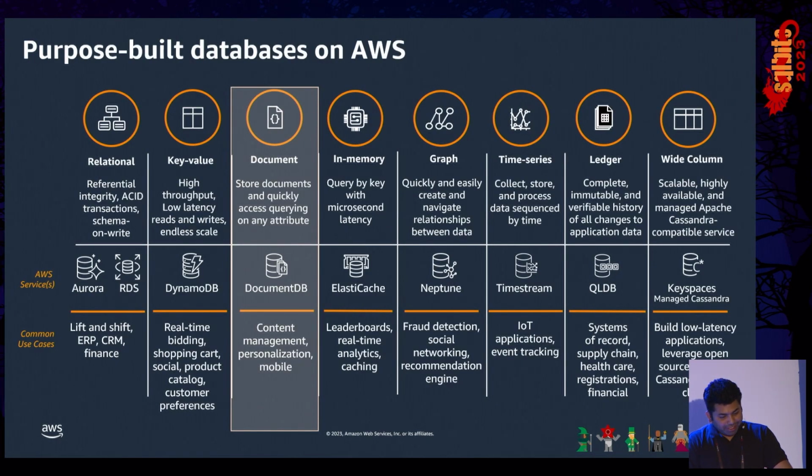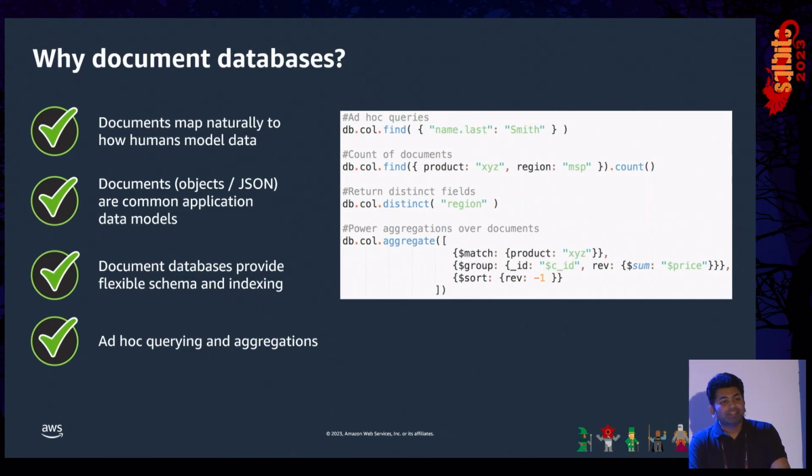Going further, DocumentDB, right? Given the fact that some of us are old here, you know the XML database. I think the XML database was pretty much the precursor for document. Now when we look at document or JSON, we have a managed service for this one. Documents are how we naturally map the data, so you can have your nested JSON.